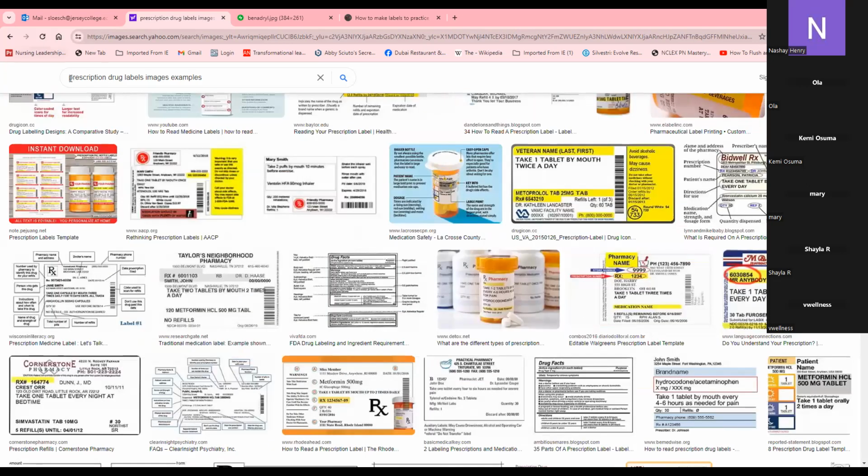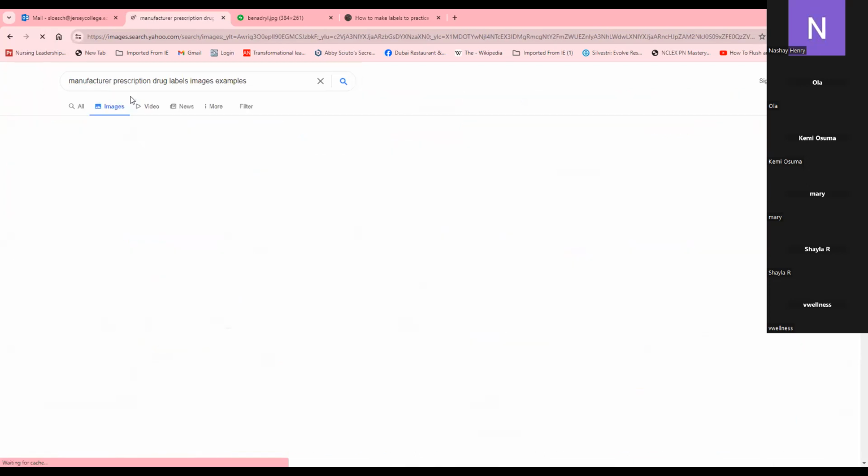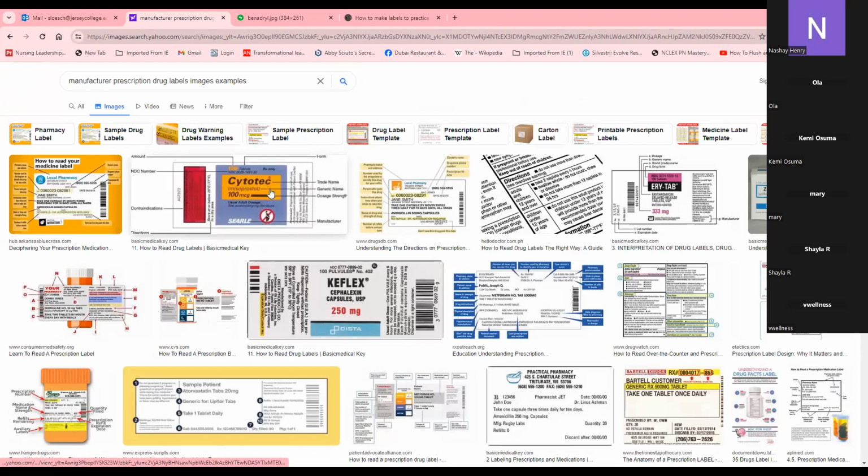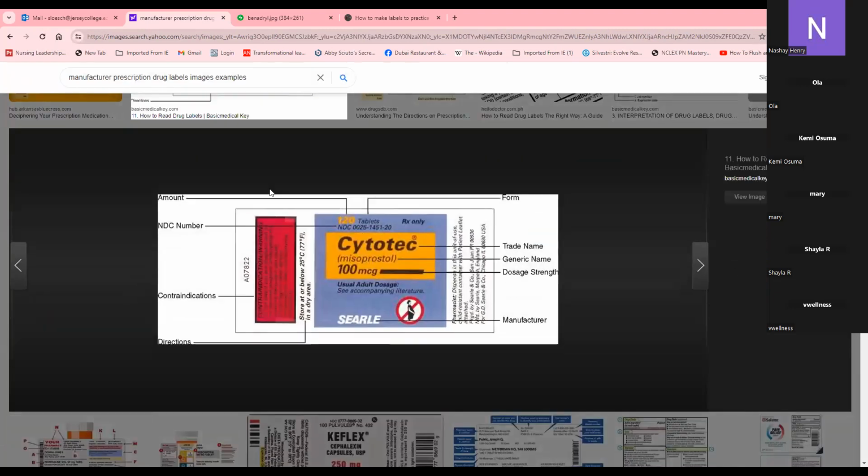See if we can try this. This one, again, shows you here. So if you were to Google this, see how it shows you the trade name, the generic, and the dosage strength.